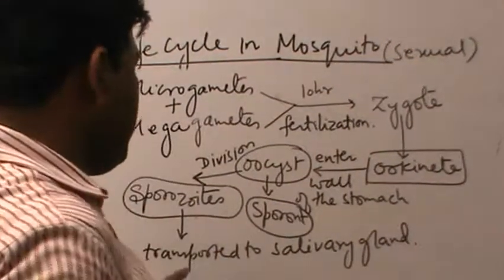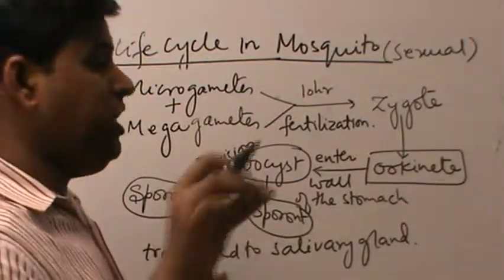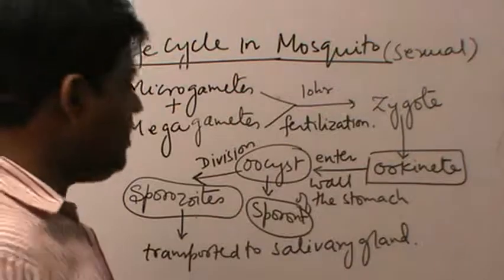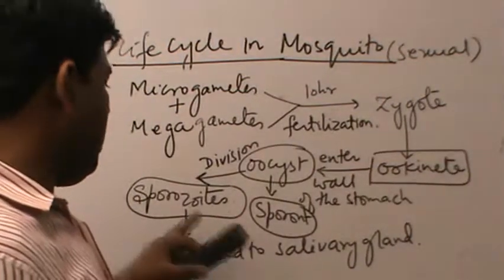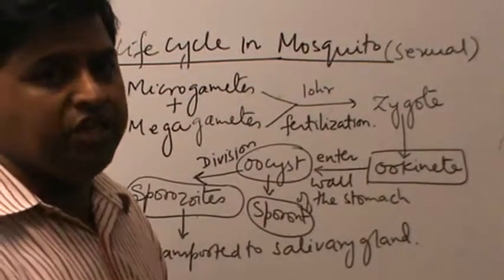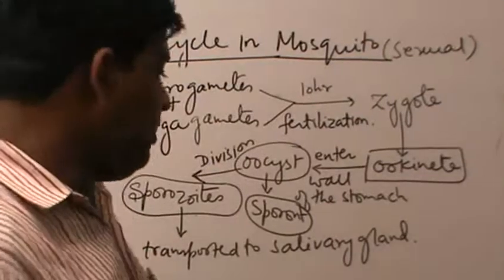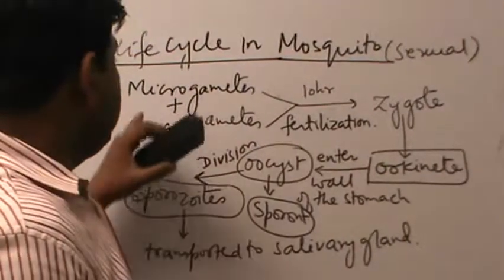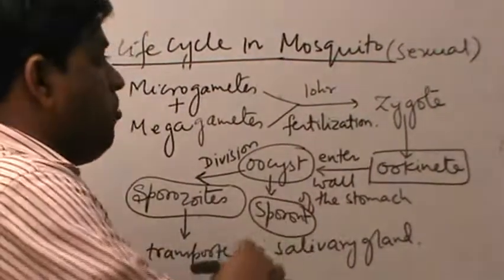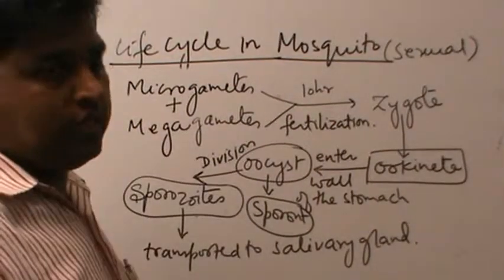So when it reaches the mosquito's salivary gland, it is now ready to be inoculated into a different organism, and this sporozoite is the infective stage for the human being as well as for different types of animals. And the stage which the mosquito sucks up is the schizont stage.